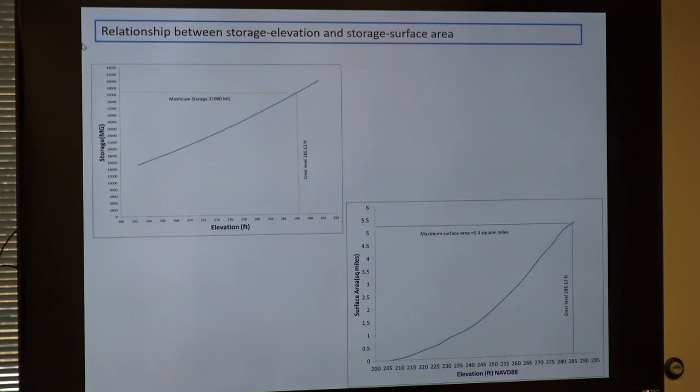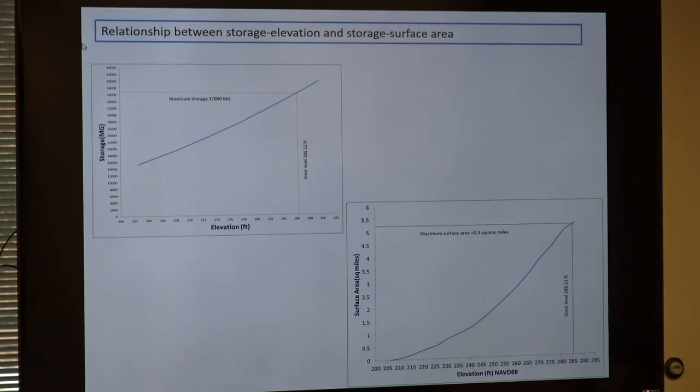So if you look at that blue curve and then a lighter line, the line on the top on the left figure is the maximum storage, which is 37,000 million gallons, and the elevation corresponding to that storage is 286.12 feet. So this is just giving you some general information about the reservoir and what the maximum elevation, area and volume are.